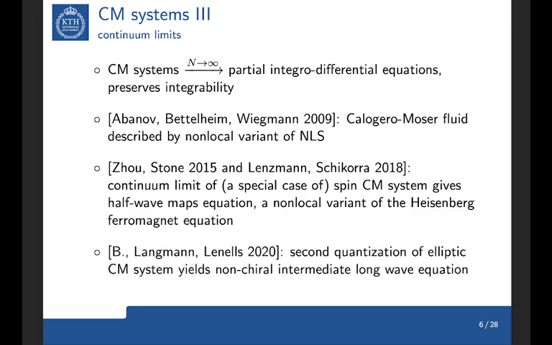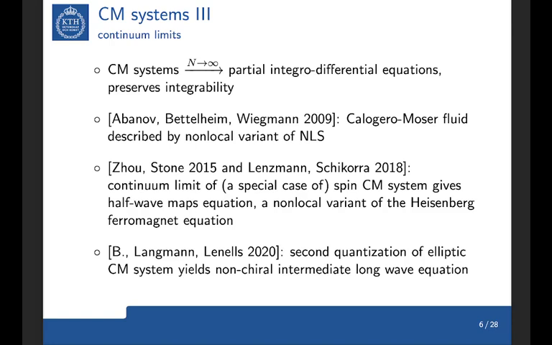In recent work with Edwin Langmann and Jonatan Lenells, we studied the second quantization of the elliptic CM system. The second quantization is a kind of continuum limit at the quantum level. So we looked at the quantum version of the CM system, which is also integrable. And by taking a continuum limit, we found a new equation, the non-chiral intermediate long-wave equation.